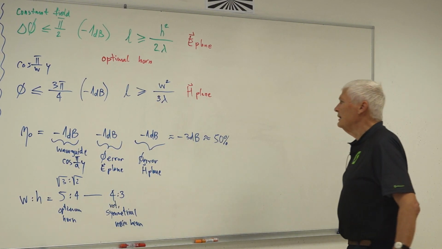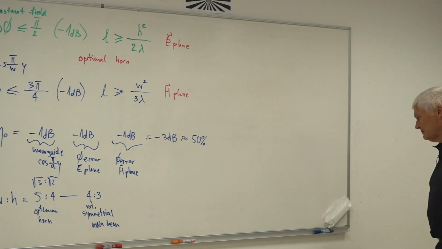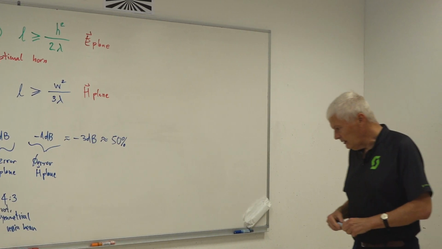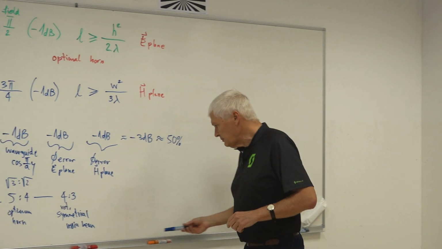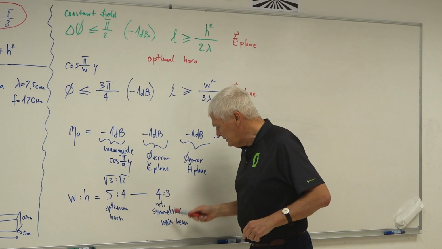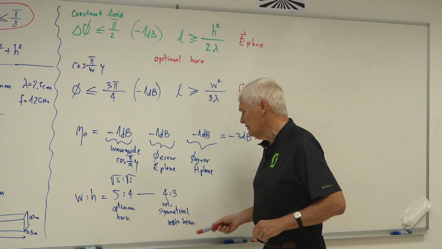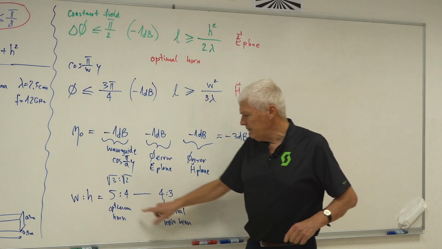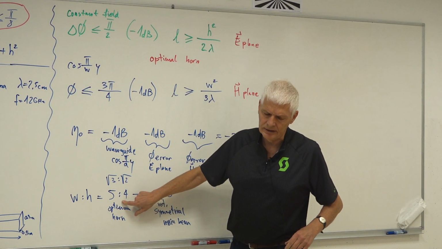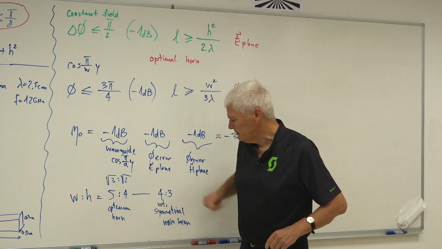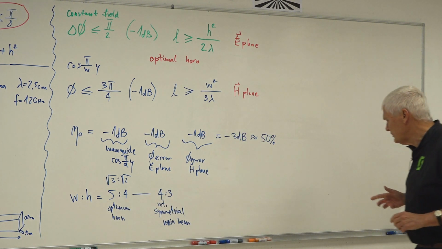What about the radiation patterns of horns? Well, let me draw the radiation patterns for the horns that have symmetrical beams, even though the optimum horn is very close to this. It's not much difference really here. What ratio should I use?